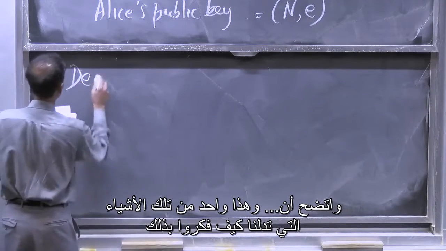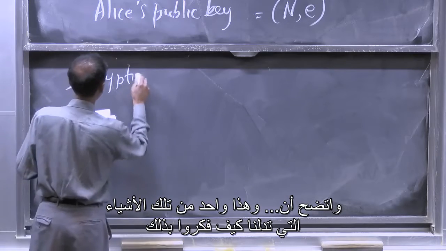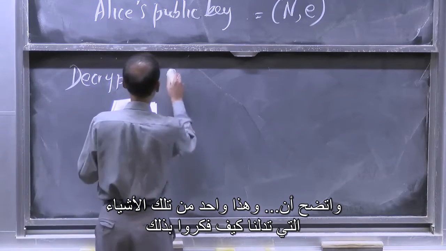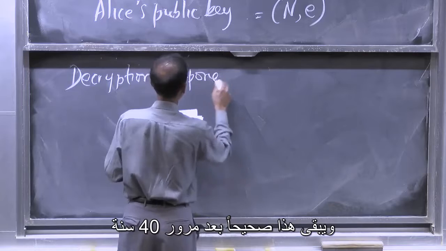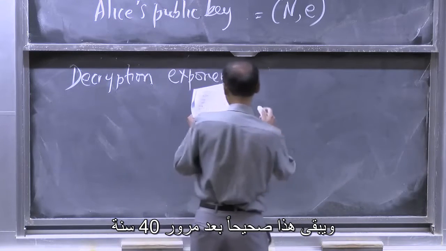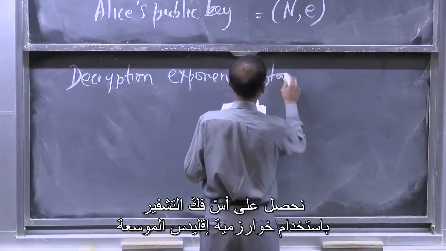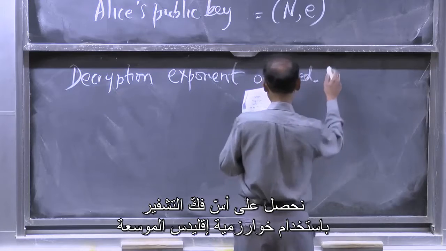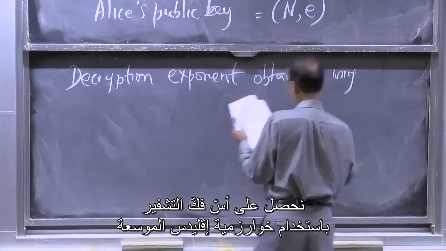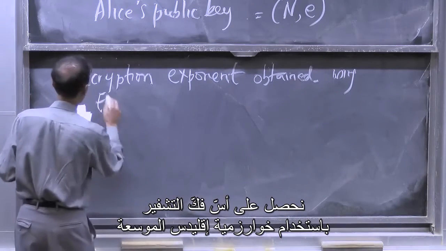And it turns out, and this is one of those things where you wonder how did they ever think of this? And that's still true 40 years later. You get the decryption exponent using the extended Euclidean algorithm.